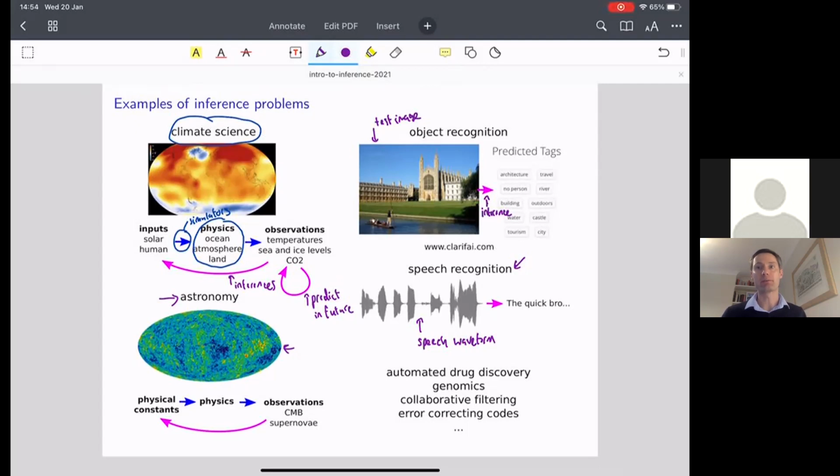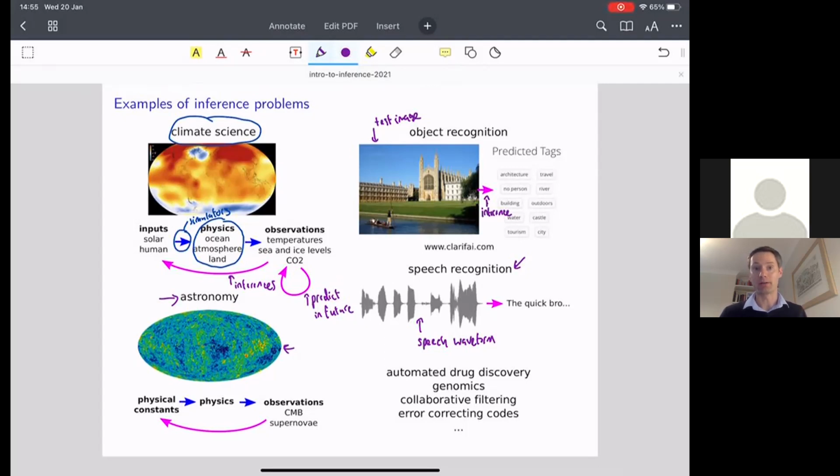Collaborative filtering is another famous example where we need to estimate people's preferences or likes from their data. So we might want to, for instance, predict what films people like based on what films they've seen and what ratings they've given to those films. That's an example of another inference problem. And even error correcting codes, which are present on your computer, try to figure out what the data should have been that was stored on your hard drive after it's been corrupted by bit flipping events.